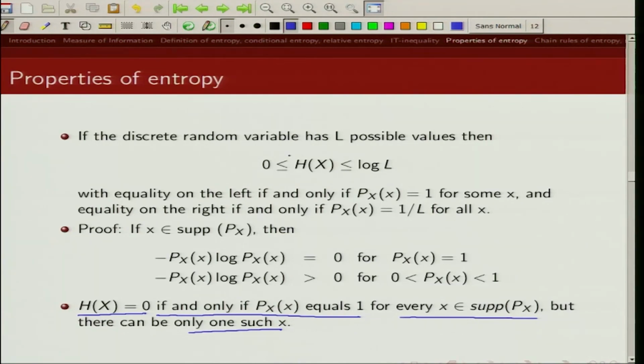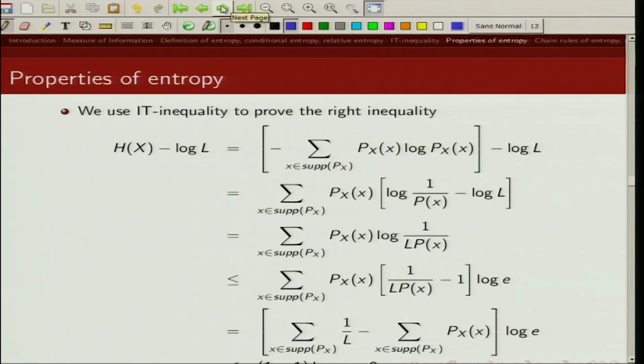Now let us prove the other part, which is H(X) is less than or equal to log of L. So how do we prove this?